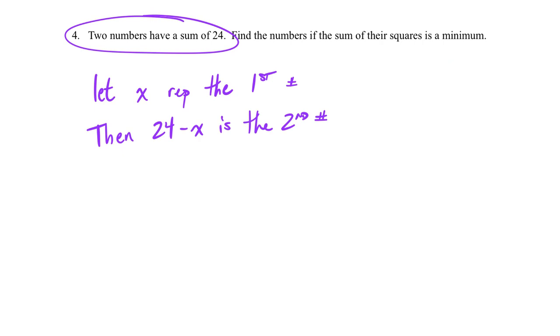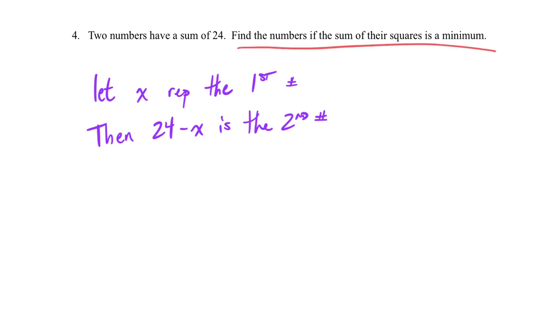Okay, I have now used that purple sentence, my first sentence, to create my let and then statement. Now I'm going to use that red sentence to build an equation or a function. The question says, find the numbers if the sum of their squares is a minimum. There's that word again, minimum.